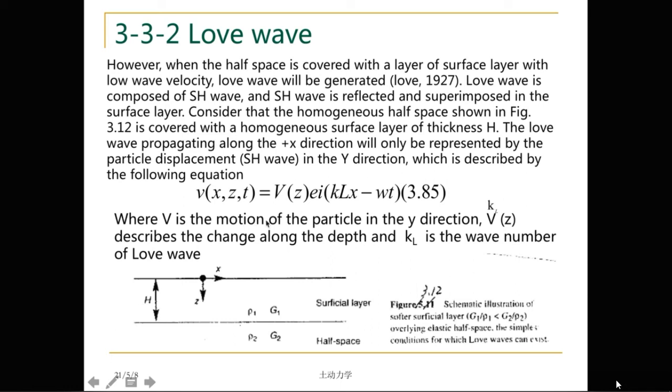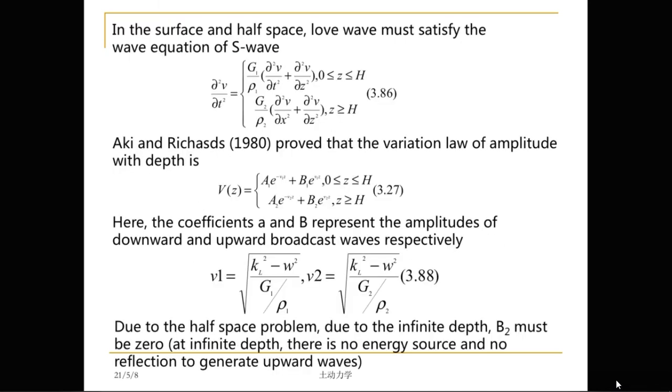Here, V is the motion of the particles in the y direction, V(z) describes the change along the depth, and k_L is the wave number of the Love wave. In the surface layer and half space, the Love wave must satisfy the wave equations of the S wave.